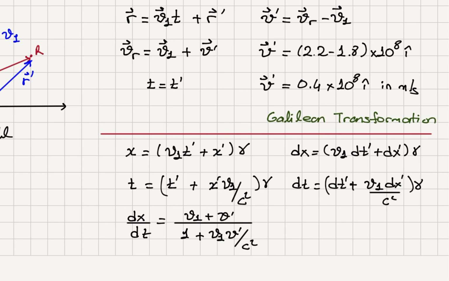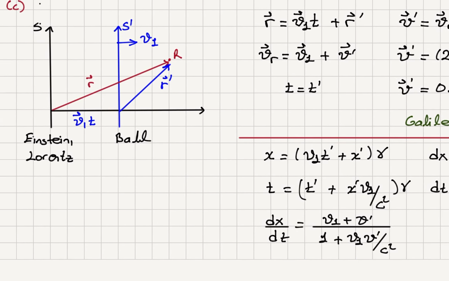Okay, so the way I have achieved this, I've taken dt prime into parentheses. I have 1 plus v1 v prime over c square times gamma, and v prime is dx prime over dt prime. So let me note that here.